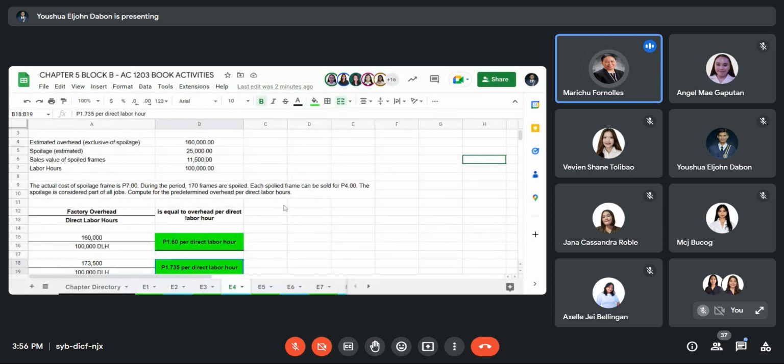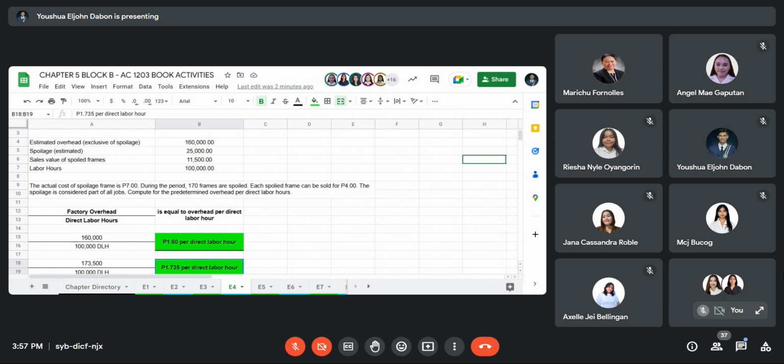What is 462,500 minus 28,750? Then divide it by 250,000 labor hours. So what's the answer there in the first requirement sa exercise 3-6? 1.74, miss. Oh, so parihas no, 1.735 or 1.74? Yes, miss. Yes.